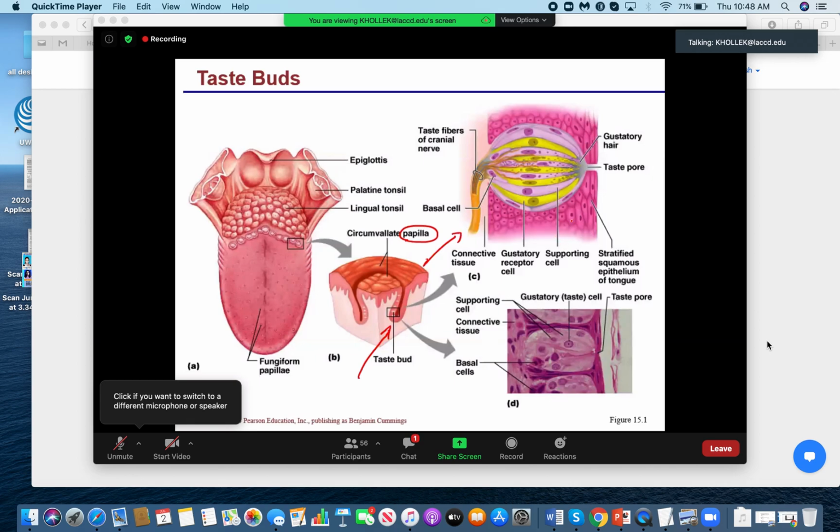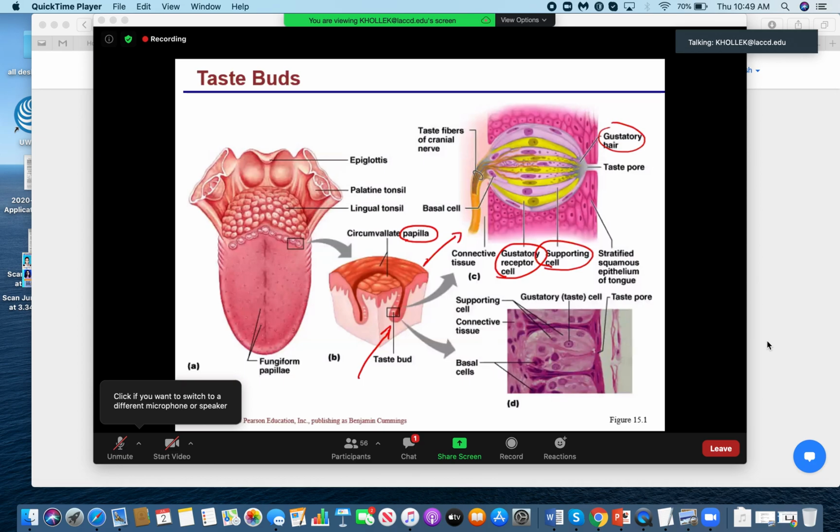And what do we see? We see gustatory hairs, which is another name for a part of a receptor. So you have gustatory receptor cells, which are our chemoreceptors. And there are other supporting cells around them. These supporting cells help out in terms of structural ability and construction, as well as the stability of the cells.